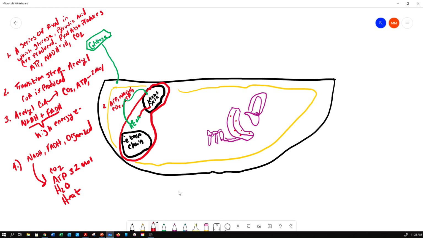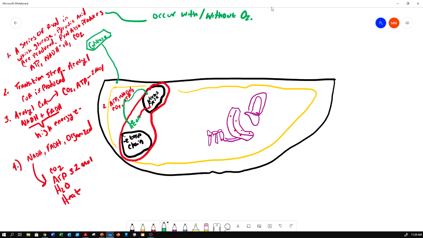Now, it's important to understand that step 1 can occur with or without oxygen, making it happen during aerobic or anaerobic. All right, either one.